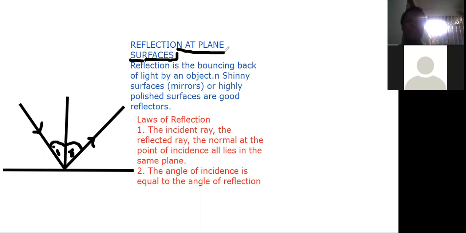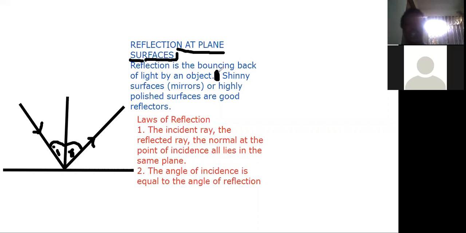Now we can define reflection as the bouncing back of light by an object, or some others can say the bouncing back of light when it hits a smooth surface, or when it hits an object. However, it has been deduced that shiny surfaces are good reflectors of light. It doesn't mean that non-shiny surfaces do not reflect light.